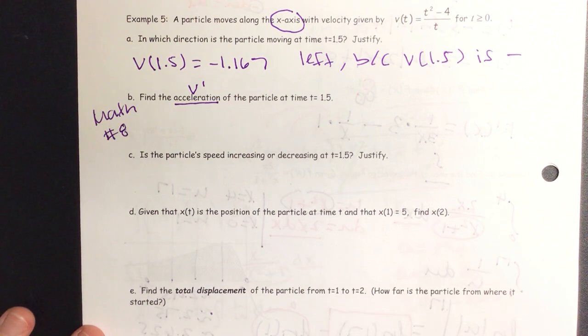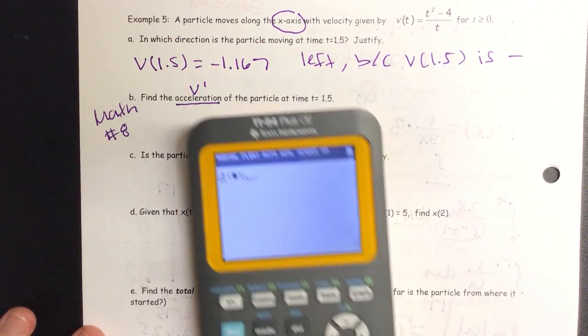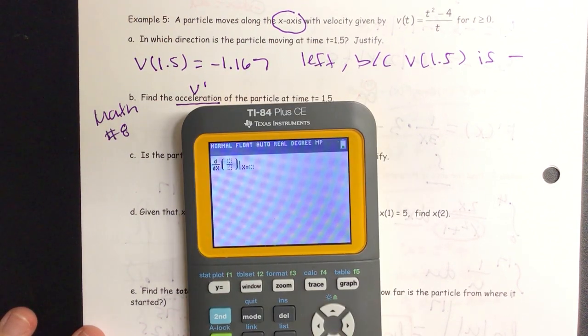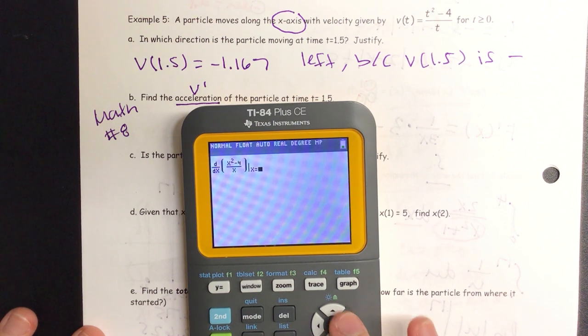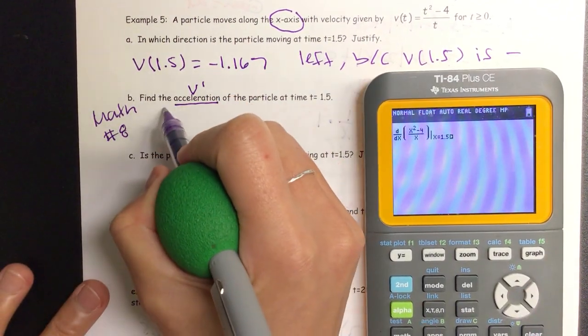Math number 8. So let's go to math 8. And then it's always with dx. Type in the function. And then it wants it at 1.5. So there I have it. Let's write that on your paper too so that we know what it looks like.